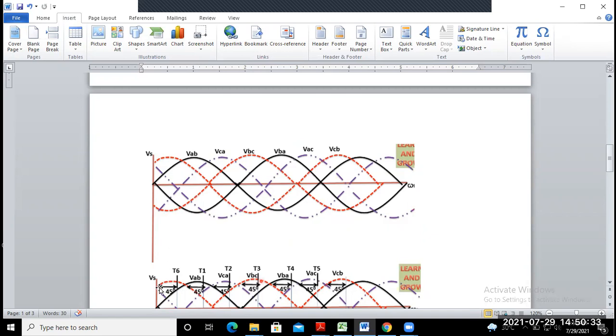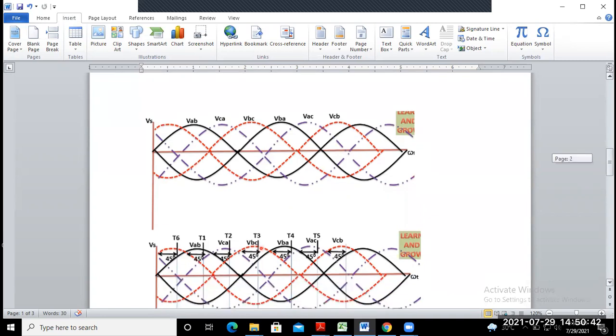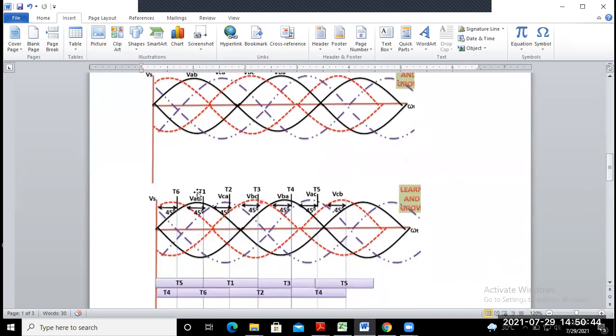So up to this point, 45 degrees, your T5 is conducting. So at this instant, T5 is conducting. So the positive half cycle thyristor T5 conducted up to this point.